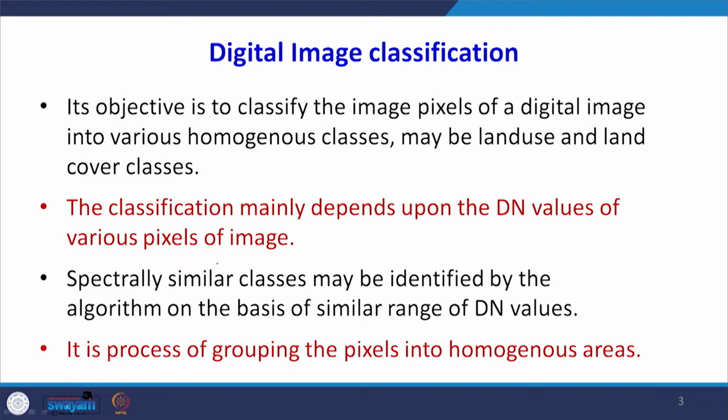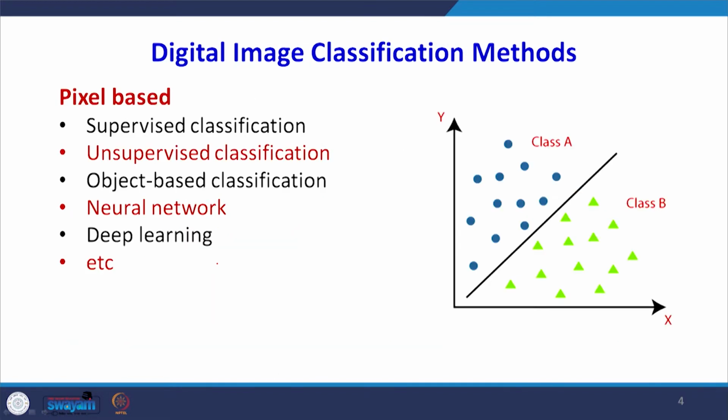So there could be some confusion when you are classifying the image. It is very important that your classification is accurate and that you select the homogeneous area when you are ultimately getting the results.